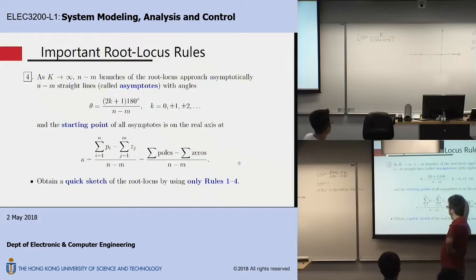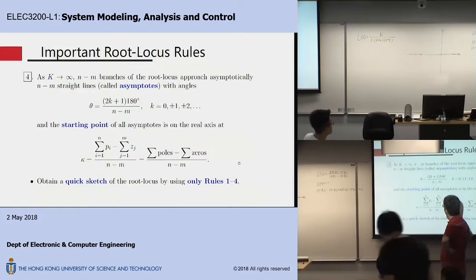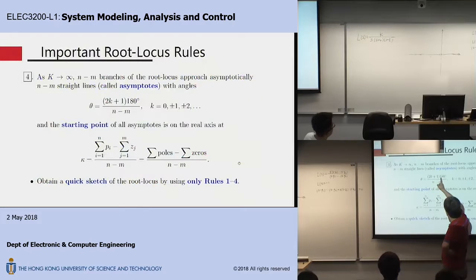You get 60 degrees, right? You get one angle. Then you let k be 1, then 3 times 180 degrees divided by 3. That's 180 degrees, right? So 60, 180. Then you let k be 2, then 5 times 180 divided by 3. What do you get? 300, yes, 300. That's right.